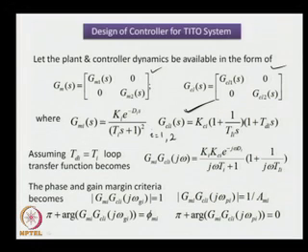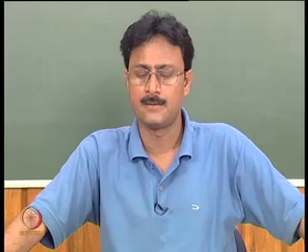Now, attempt will be made to estimate the unknowns, estimate the controller parameters KC1, KC2, TI1, TI2, TD1 and TD2. So, once these values are estimated using the phase and gain margin techniques, then the controllers have been designed for the TITO process.